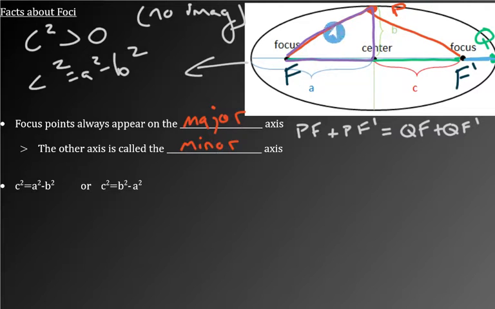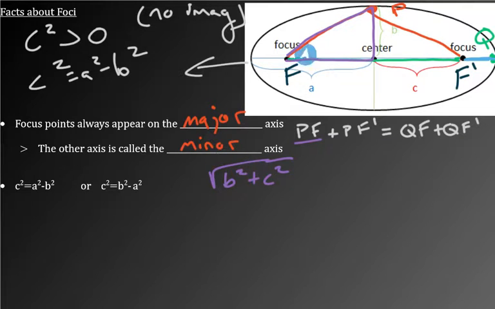So if you use the Pythagorean Theorem, PF is going to be the square root of b squared plus c squared. c squared plus b squared is PF squared, so we square root both sides.